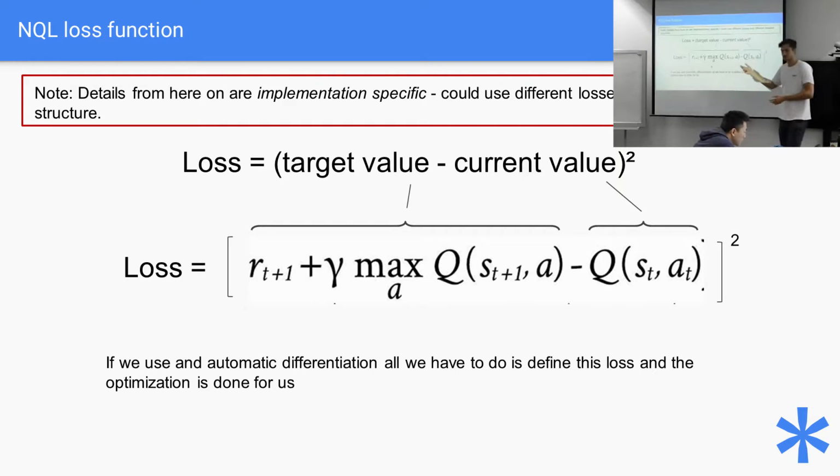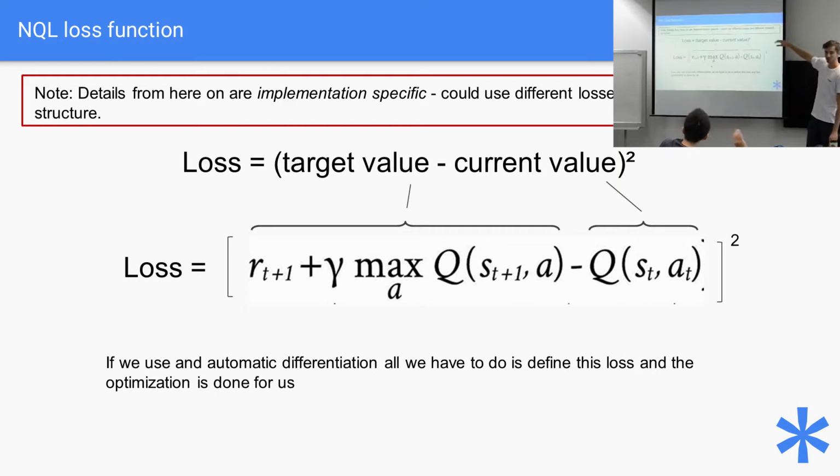And this is way easier now because we have access to things like TensorFlow, where we just have to define the loss. In fact, before that, you would have to go through and build a gradient sampling, but we don't have to. This is the key thing that makes neural Q learning work. We define this loss, we train the network, and we do everything else the same. And theoretically, this should work.